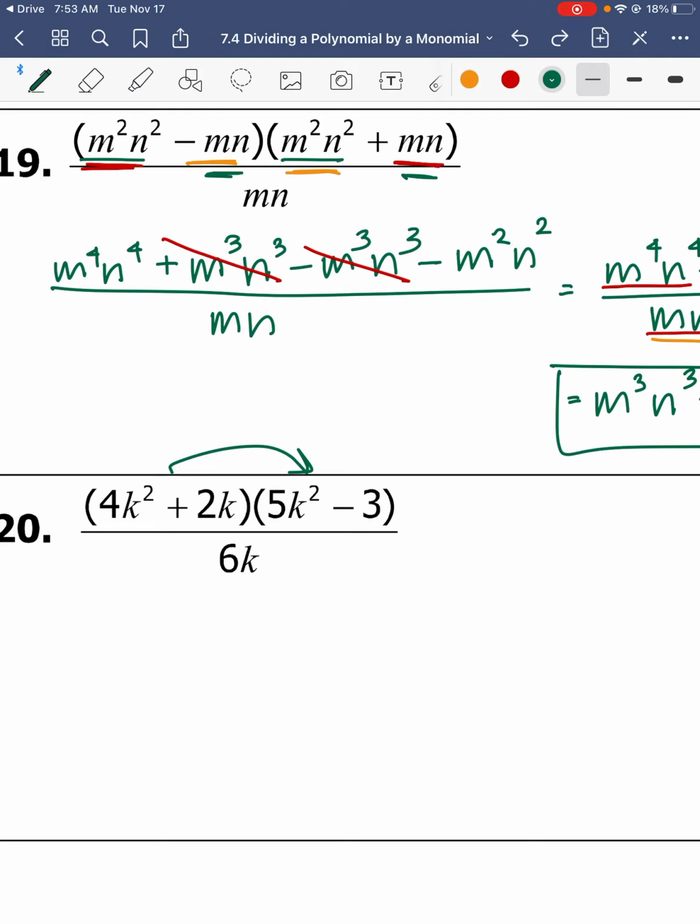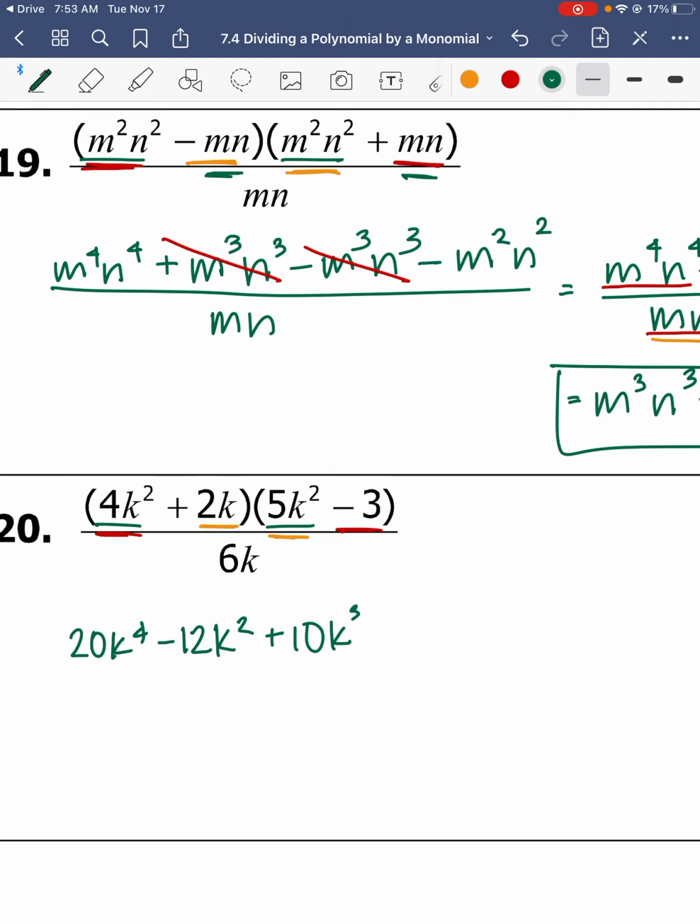All right, so same thing here. It looks like we need to multiply this binomial, and then we'll divide by the denominator there. So multiplying the binomial. First two, we have 20k^4. Outer two, we have negative 12k^2.